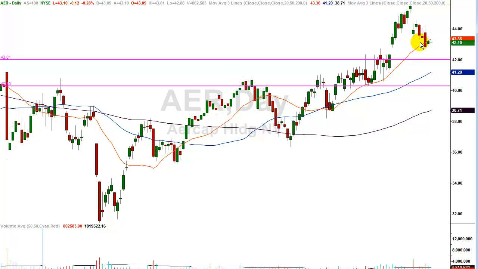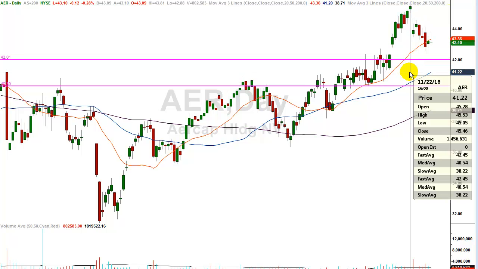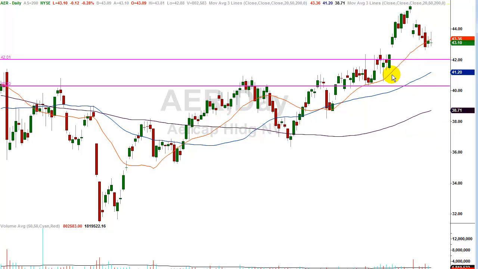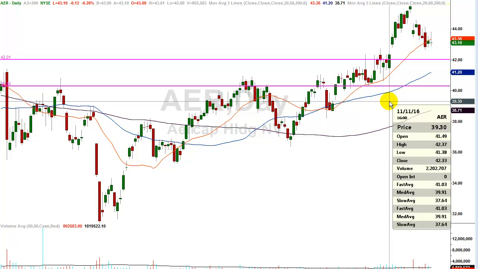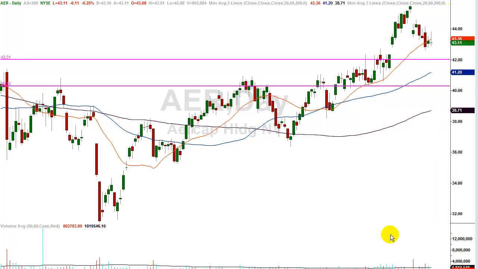Let's go to the other side of that for a second. And let's say that we're looking at this candle up here and the gap fill. By the way, if the stock is coming down into the level of 42.33, we would be expecting a bounce at that level.